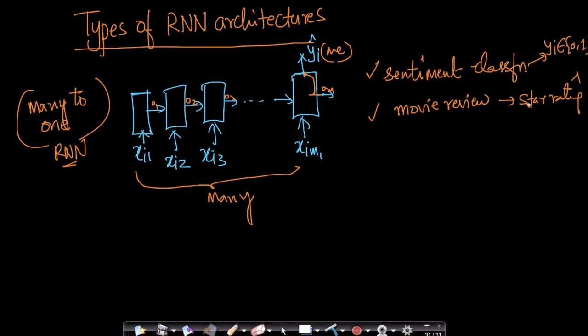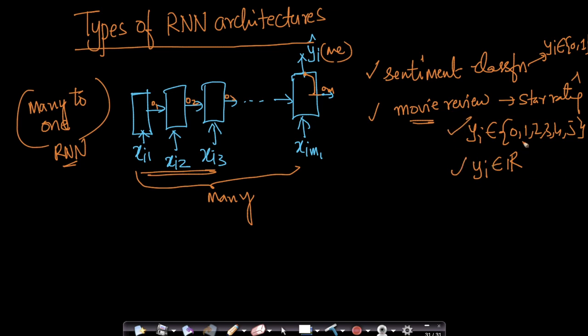In a movie review setting, your input is a sequence of words, but your output yi is basically one, a multi-class output, 3, 4, 5. You can also think of it as a regression problem with values ranging between 0 to 5. You can think of it as a multi-class problem or a regression problem, because there is 1, 2, 3, 4, 5 stars. There is a 5-star rating that you can provide.